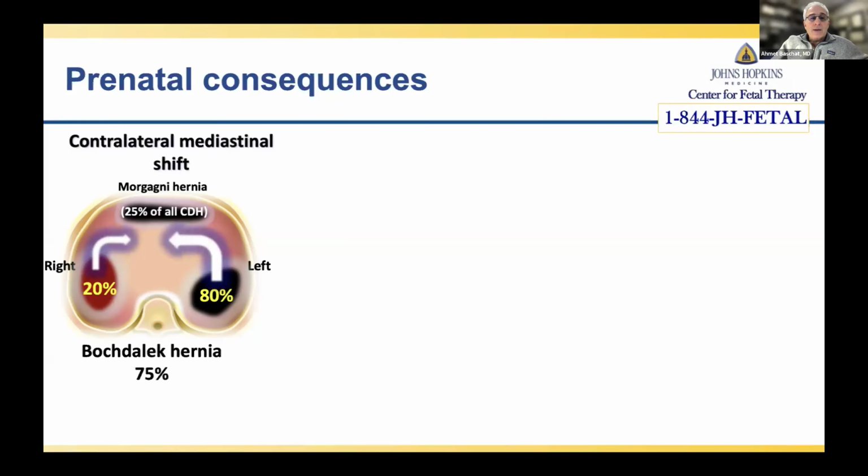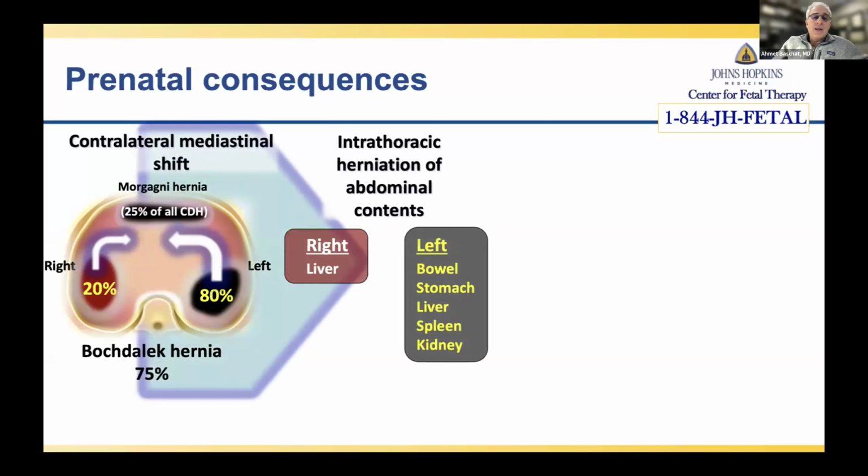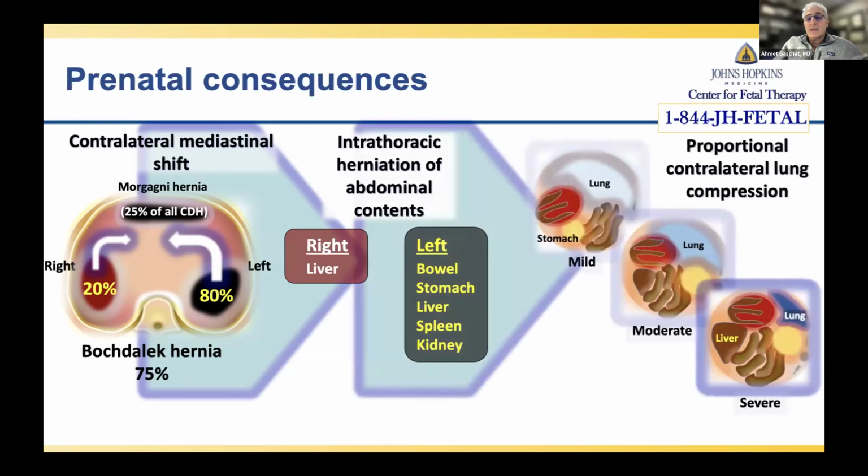Now, the principal impact of a congenital diaphragmatic hernia is basically that because there is intrathoracic herniation of abdominal contents, there is a contralateral mediastinal shift. And depending on which side the hernia is, the contents of the thoracic cavity can contain the liver, which is mainly found in right-sided hernias, or if it's a left-sided hernia, you can have multiple abdominal organs in the thoracic cavity.